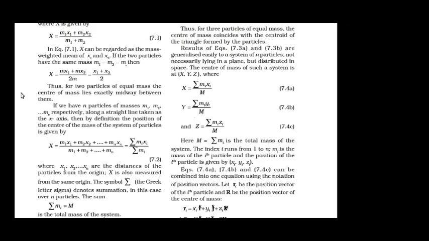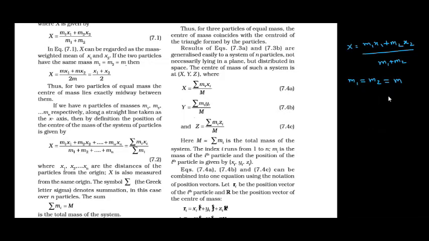Now some special cases. Till now we got X is equal to m1 x1 plus m2 x2 upon m1 plus m2. Let us consider that m1 and m2 are equal and they are equal to m.